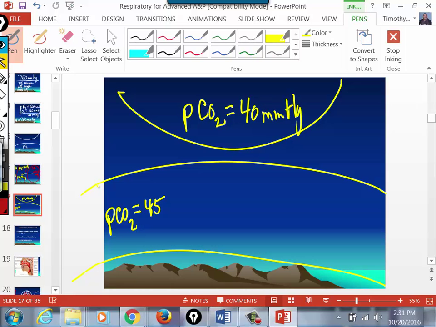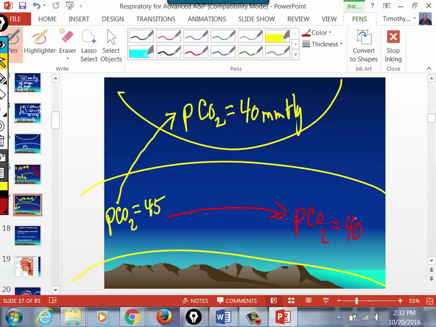The carbon dioxide produced at the cell and dissolved in the plasma will move by pressure from the pulmonary capillary into the alveoli, and then you will exhale it. So this newly oxygenated blood will have a PCO2 of 40. So this is where you get the values for PO2 and PCO2 of arterial blood.